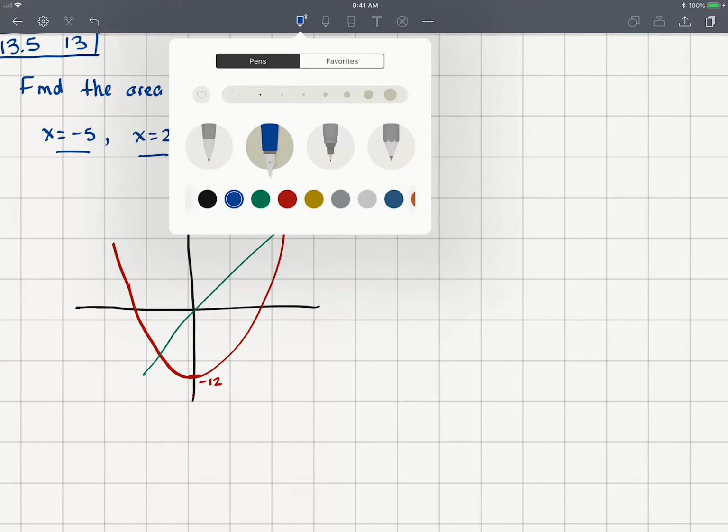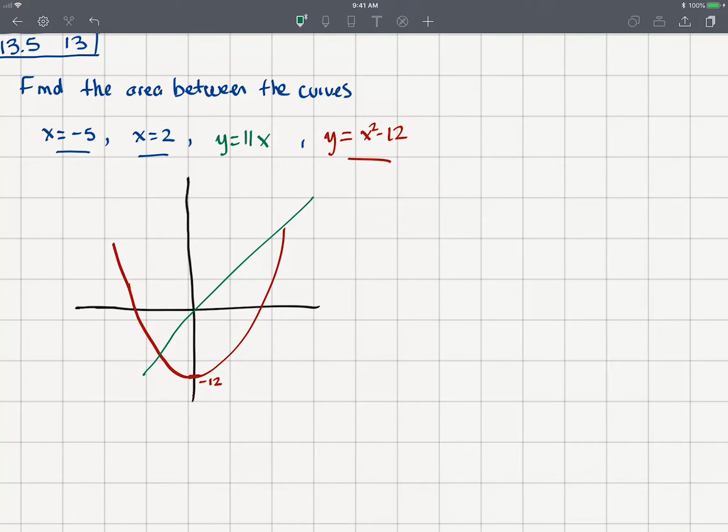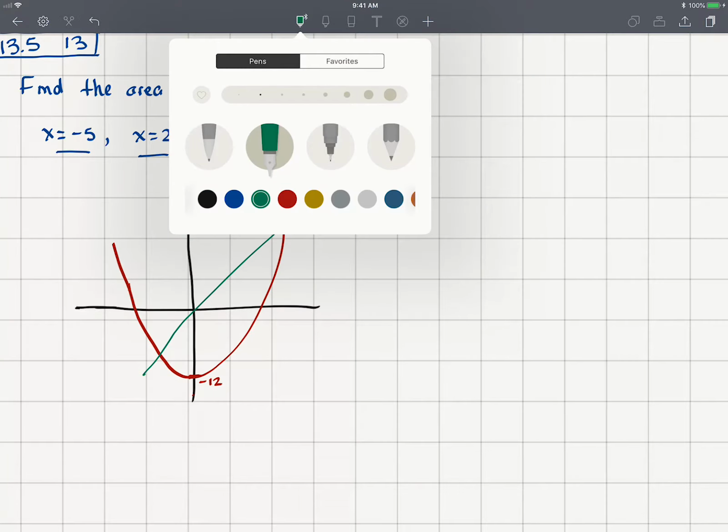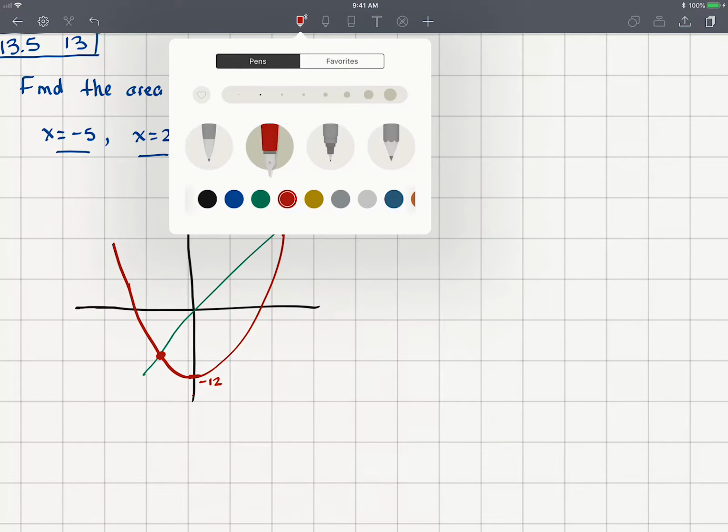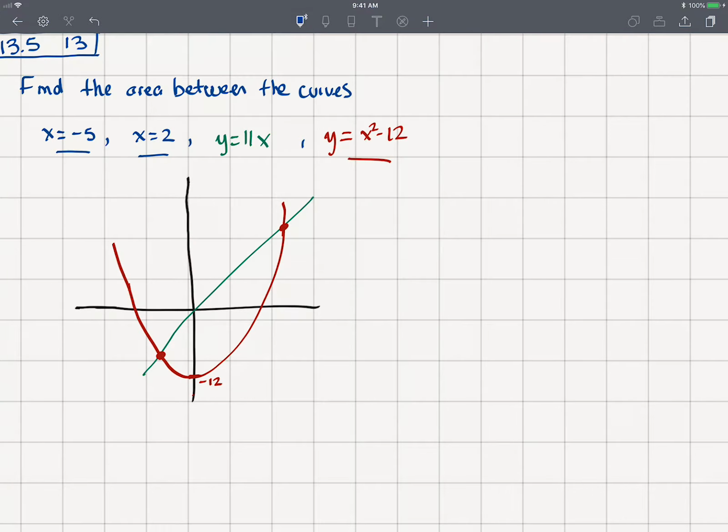Let me try to work out where these two curves intersect. One of them is right here for the parabola and the line, and the other one would be over here, right? So how do we find where those two things intersect? I need to set them equal to each other, to find where the parabola x squared minus 12 intersects the line 11x.